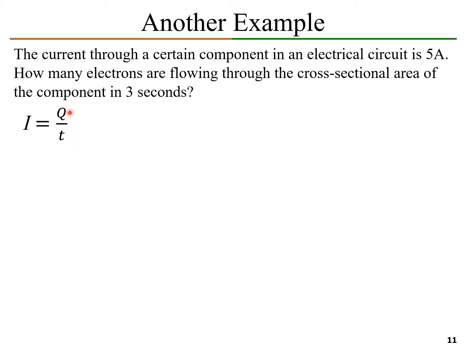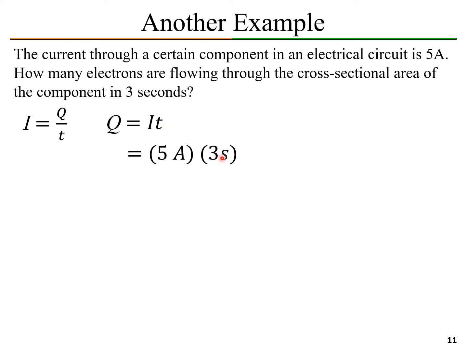And once we find the amount of charge, then we have a conversion factor that relates the amount of electrons to the amount of charge. Now we're going to rewrite this equation as charge is equal to current times time. We simply multiply the left side by time and the right side by time. The amount of current is 5 amps.